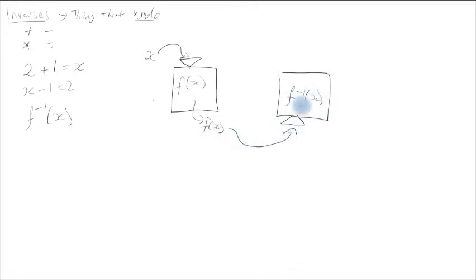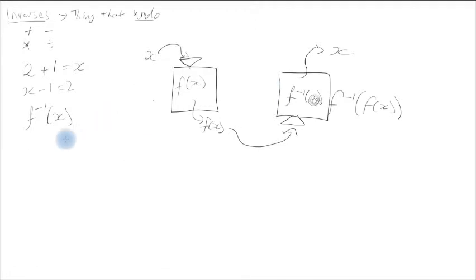So instead of your input x, it's going to be f of x, and you're doing the inverse function of the first function. Then what happens is you just get x out. If you put x in and do a function to it, you get out f of x. Then if you put f of x into the inverse, you get out x.